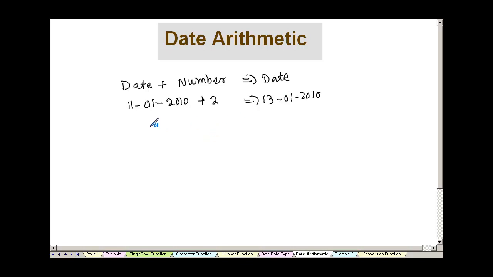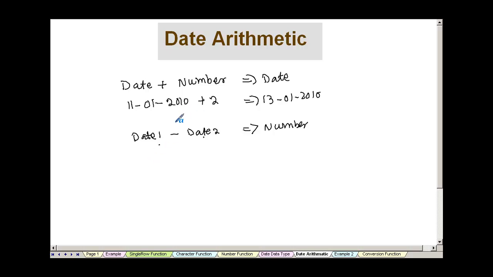Then we can subtract two dates, date 1 minus date 2. We'll get a number, which is the number of days between date 1 and date 2. But essentially, that number also accounts for hours.